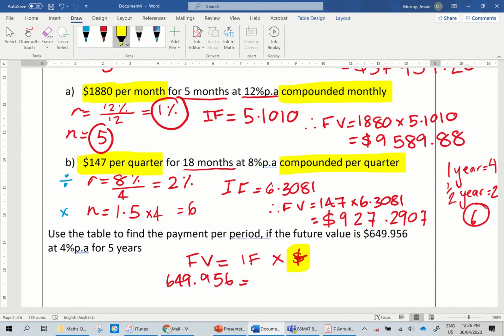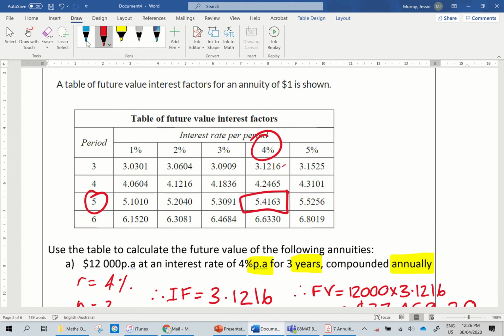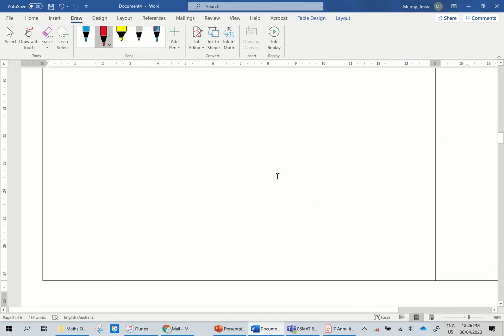The interest factor, we can find that by saying 4% per annum for 5 years. So I'm going to look at 4% and number of time periods being 5. So my interest factor is 5.4163.